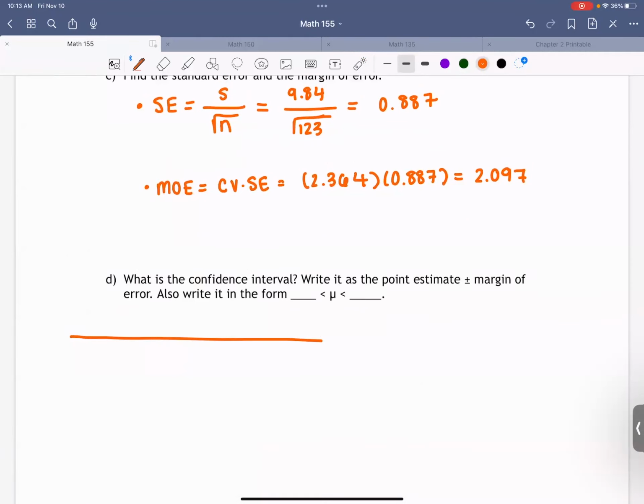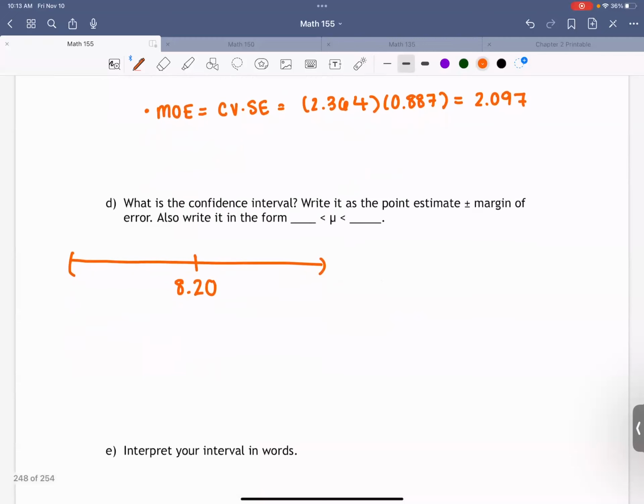So let's just take my X bar and put that in the middle, 8.20. To get the upper number in my interval, I'm going to take 8.20 and add 2.097 to get 10.297. To get the number on the bottom, I'm going to subtract 2.097 to get 6.103.